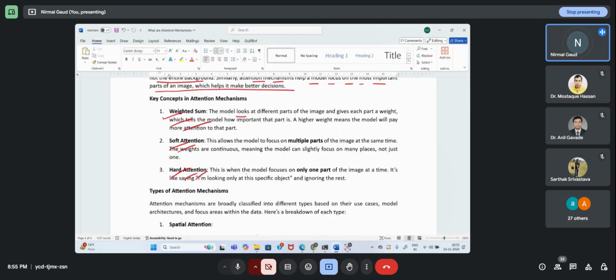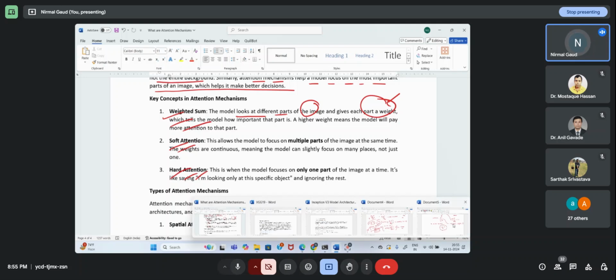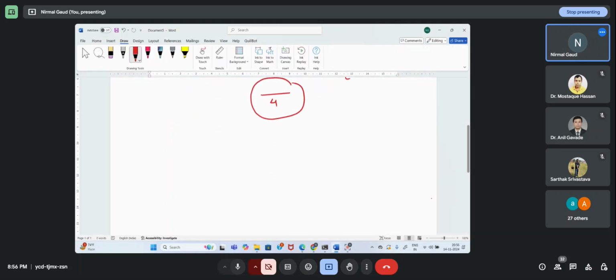That means the model looks at different parts of the image and gives a weight to each. Understand how attention is applicable. You have an image, you project the image into three components, and you assign weights to these components.